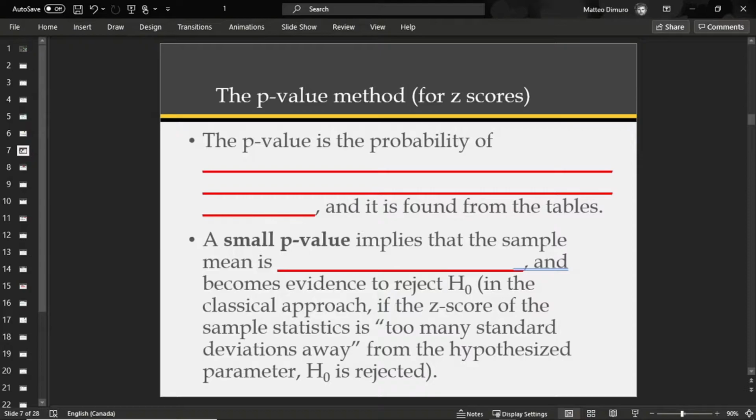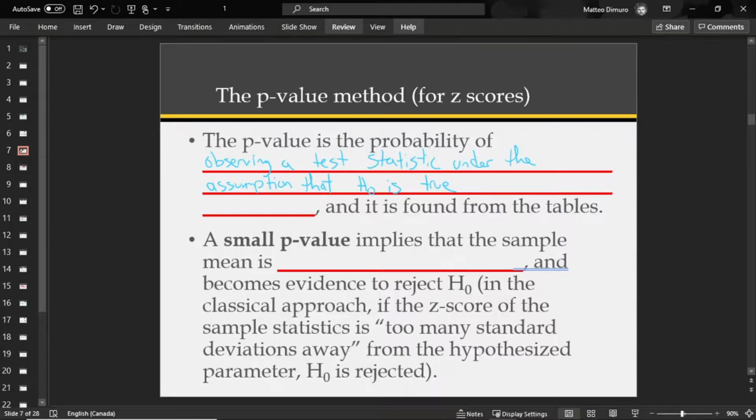So the p-value is the probability of observing a test statistic under the assumption that H0 is true, and it is found from the tables.